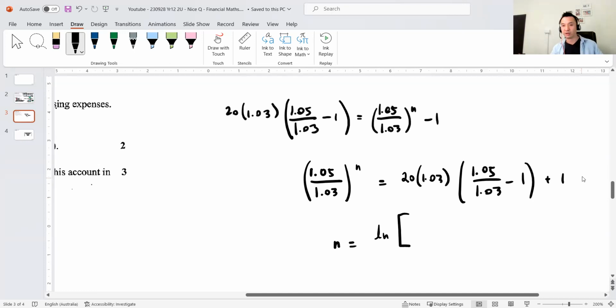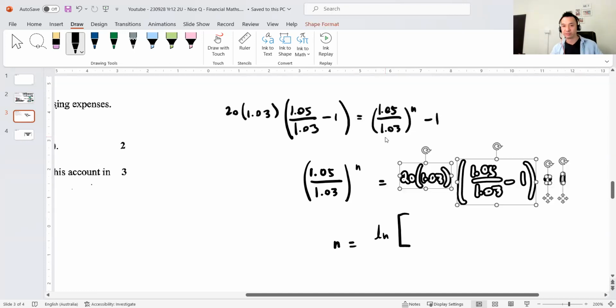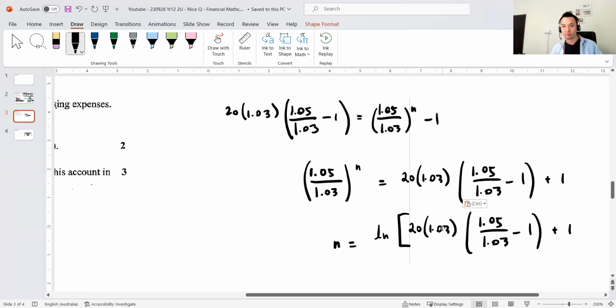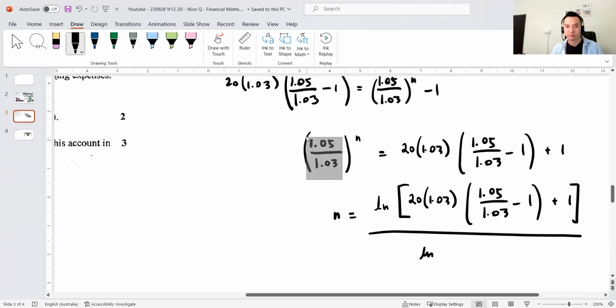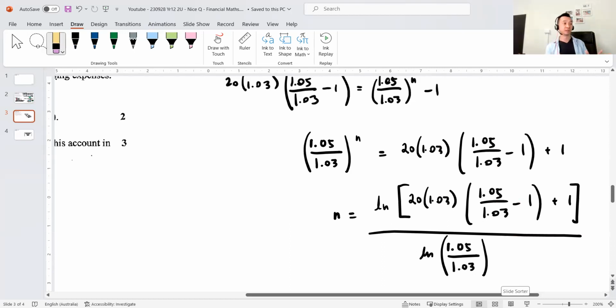You know what? I was going to write it, but I can just copy that. Put it into here. Perfect. Divided by ln of 1.03. Put this into here. Get rid of the n. Yeah, and that's your answer.